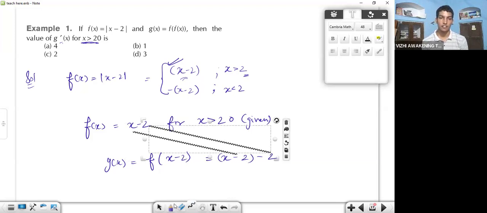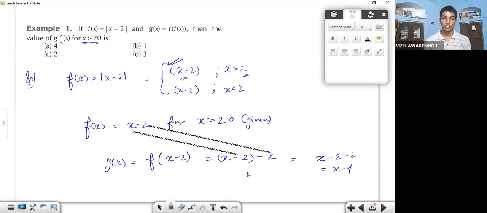That's how we have written it. Later on, it will become x minus 2 minus 2, x minus 4. So z of x is x minus 4 for x greater than 20.